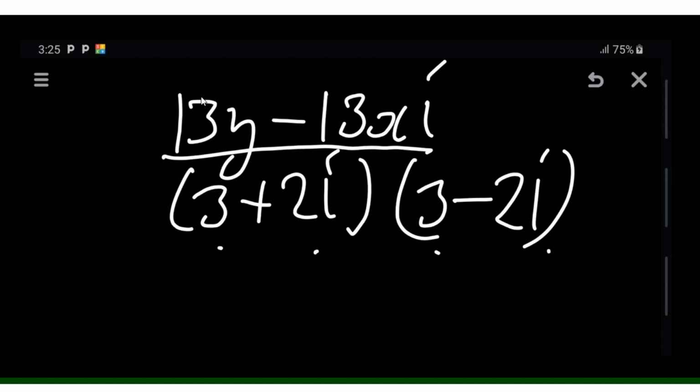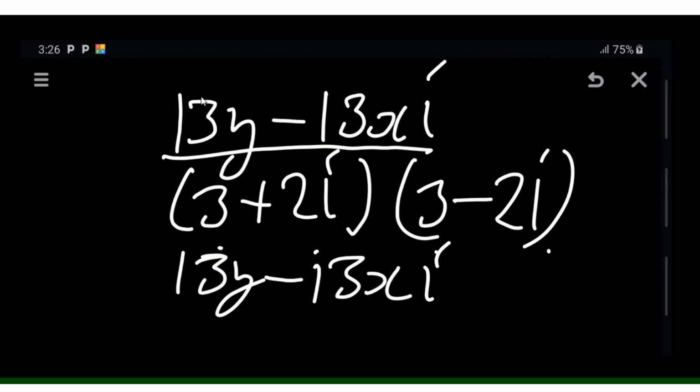So we multiply 3 times 3 is 9, and 2i multiplied by negative 2i is a positive 4. So here we are adding, which we will have a 13 here as the denominator.